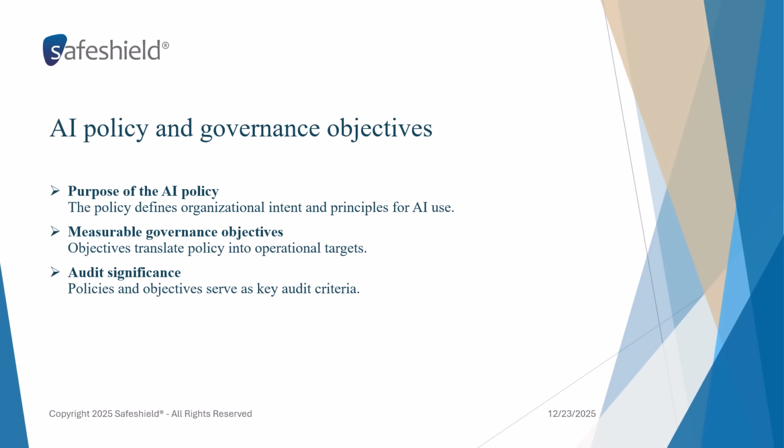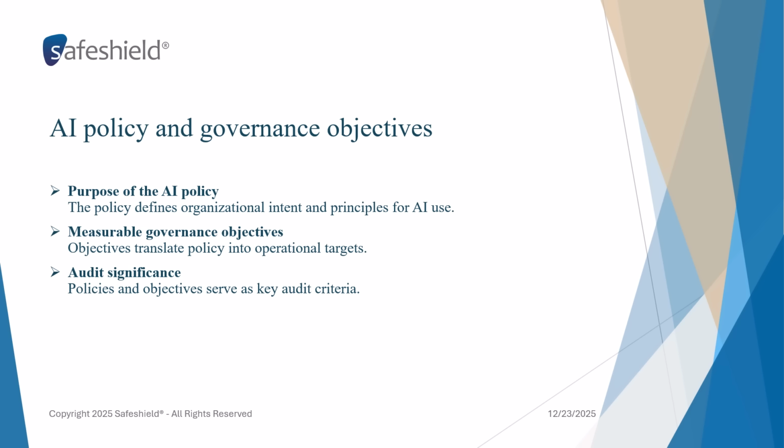Alignment is critical. Objectives should connect to business outcomes and compliance obligations. If the organization operates in regulated environments, objectives may reflect external requirements, such as record retention expectations, impact assessment practices, or post-deployment monitoring commitments.